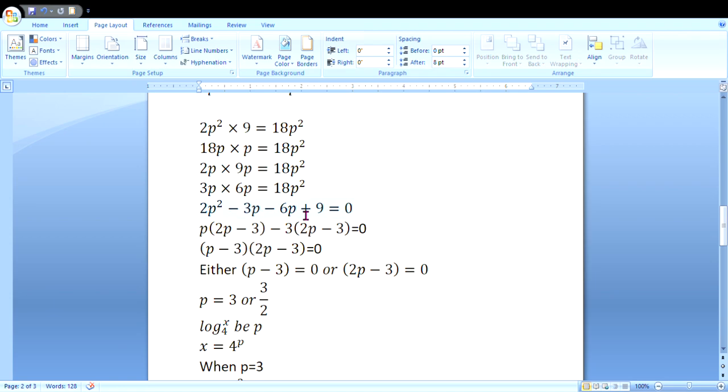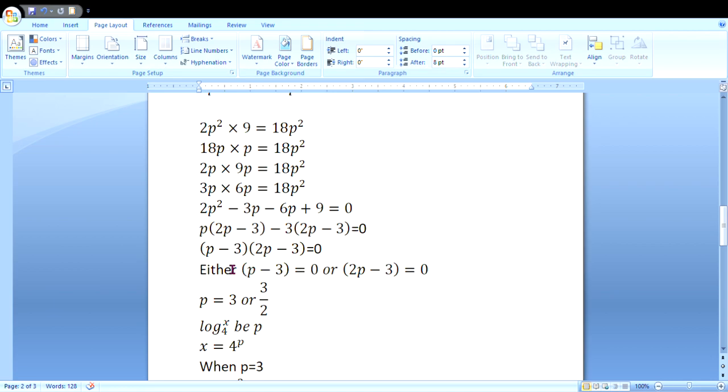Now if you look at the expression minus 6p plus 9, the common factor there is minus 3. This is because the expression here, 2p minus 3, must look exactly like the expression containing the terms minus 6p plus 9. So the common factor here is minus 3, open bracket 2p minus 3 close bracket equals 0.